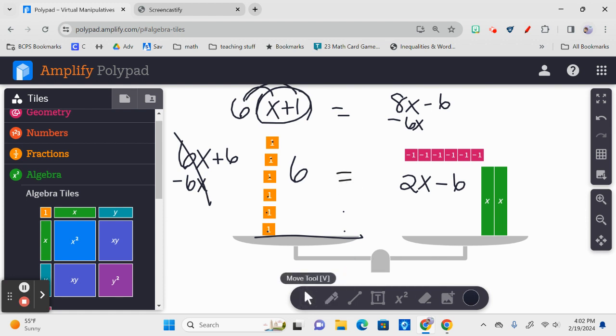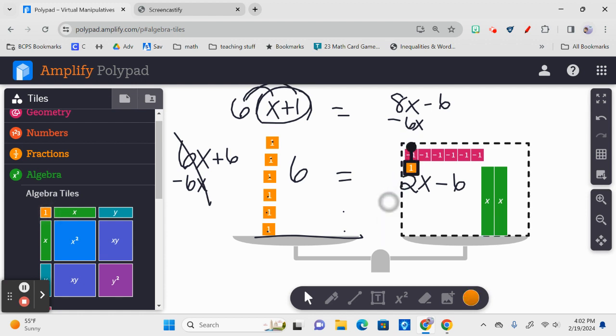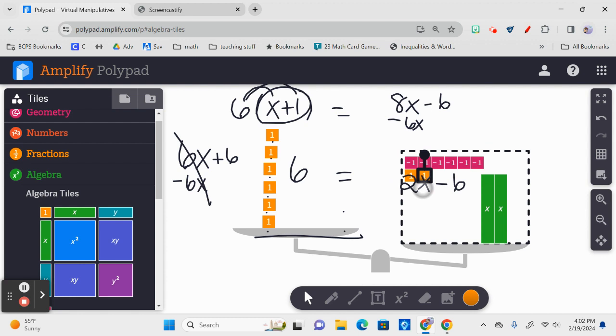My next goal is to get rid of these negative 6. So I know that if I add 6 to negative 6, it will cancel out and get me 0. So I'm going to add 6 to this side.